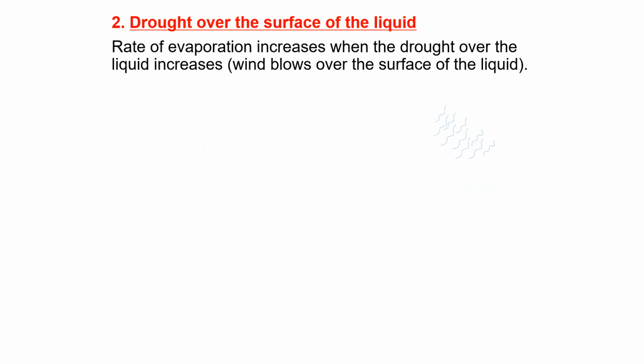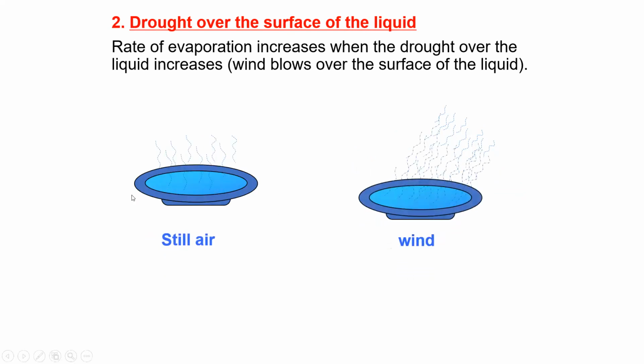So if we blow the air, the rate of evaporation will also increase. What happens when it is still air? When these particles are coming out, they will be there at the surface, so the particles which are inside do not find much space to come out. But if it is windy, if air is continuously blowing over the surface, the particles which are coming out will move away from the surface.